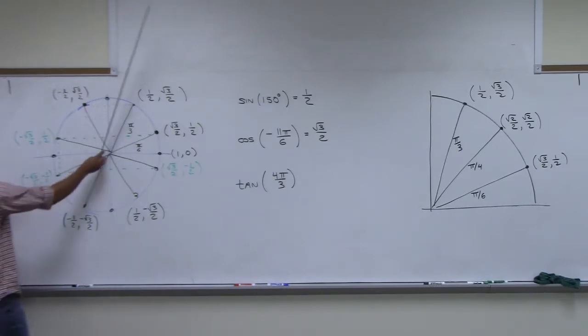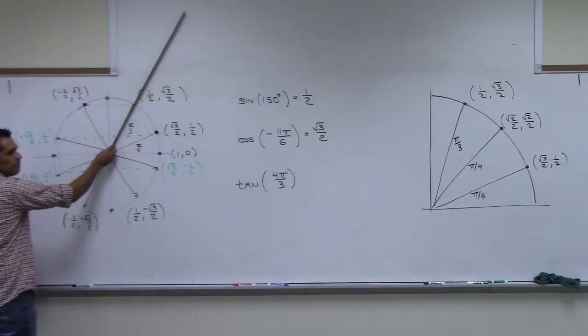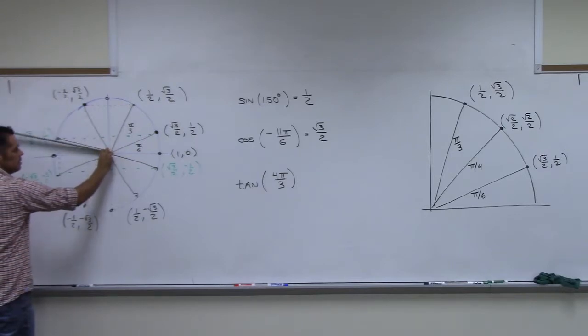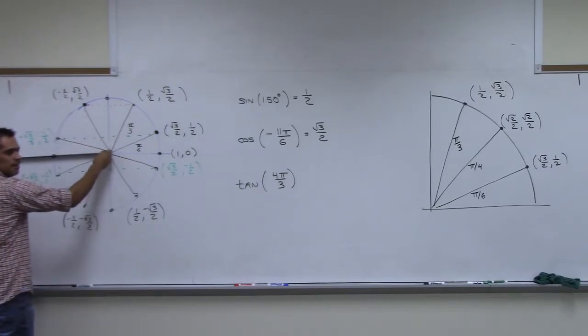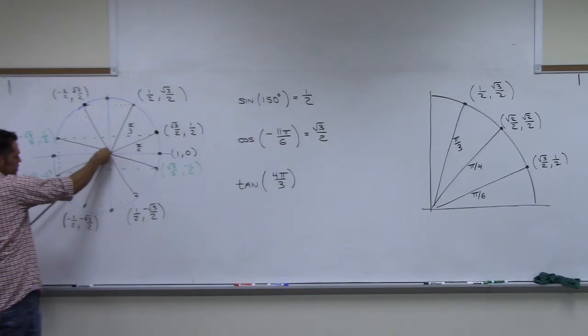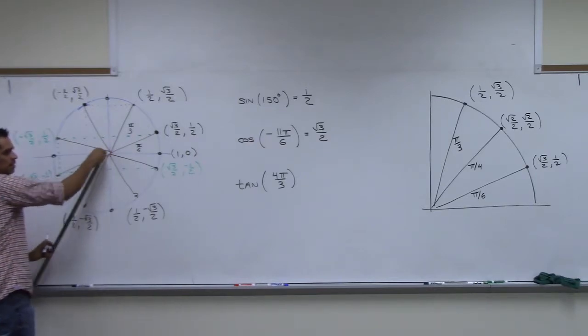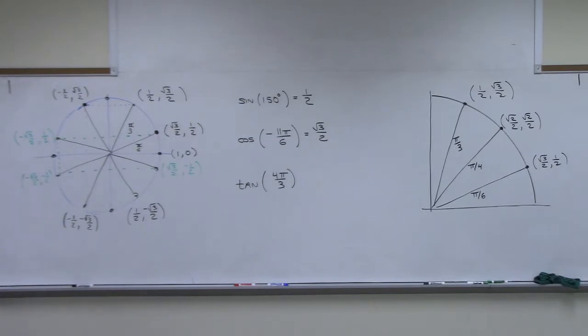Remember, this is pi over 3, right? 2 pi over 3 is right here. 3 pi over 3 is right here. And 4 pi over 3 is here. Are y'all having trouble finding 4 pi over 3? 1, 2, 3.